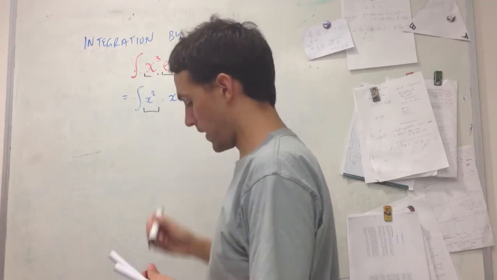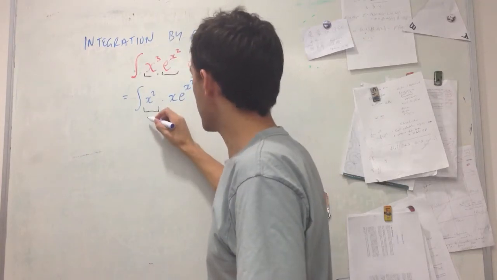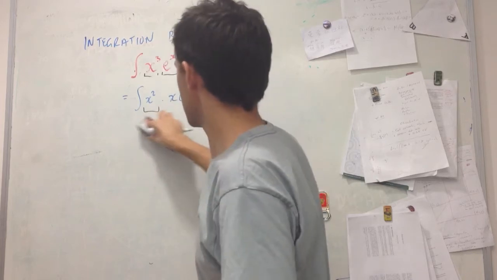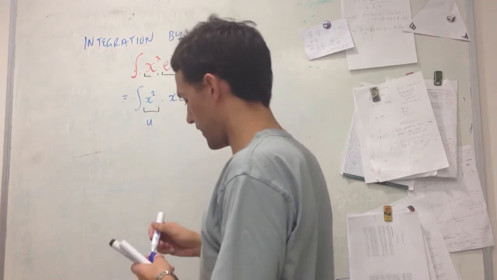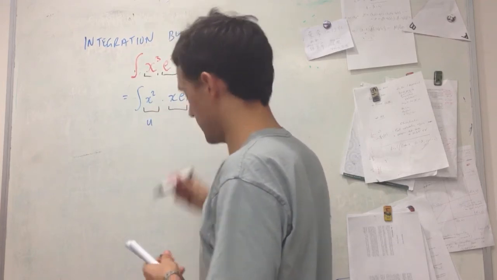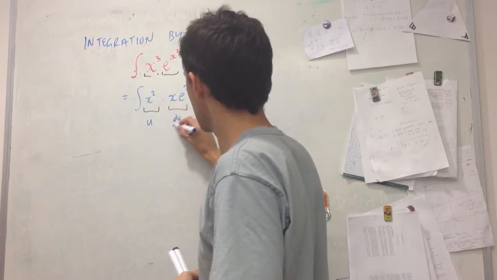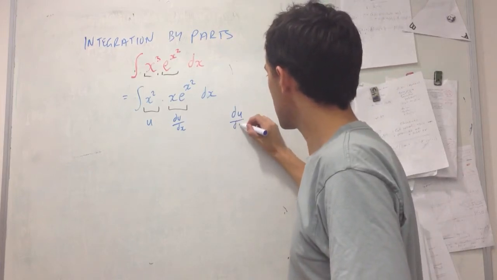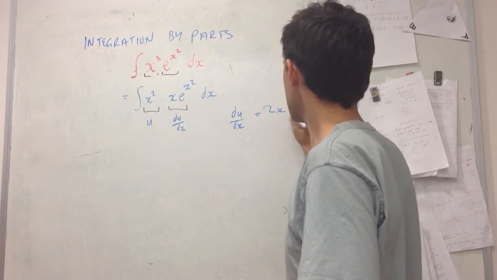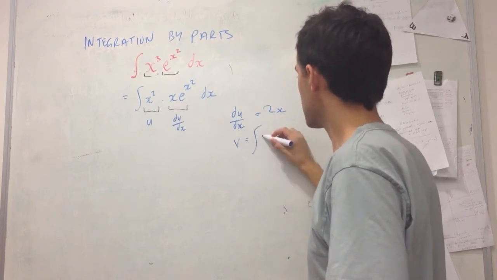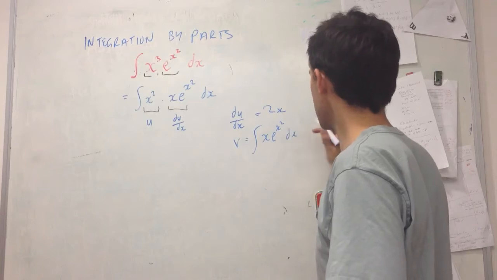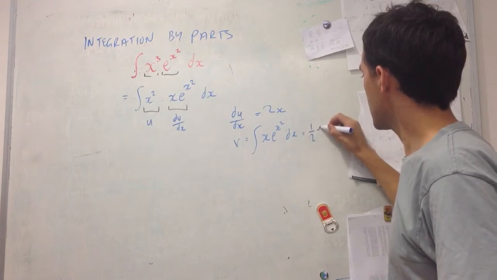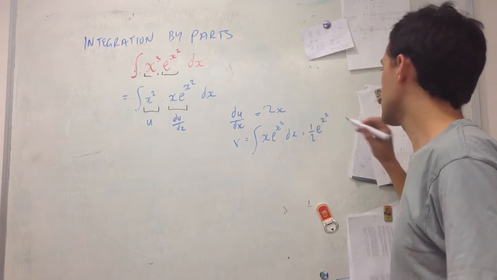So I'm going to make this part u, and this part dv dx, and that gives me du dx is equal to 2x, and my v is equal to the integral of x e to the x squared dx, which actually gives me a half e to the x squared plus c.